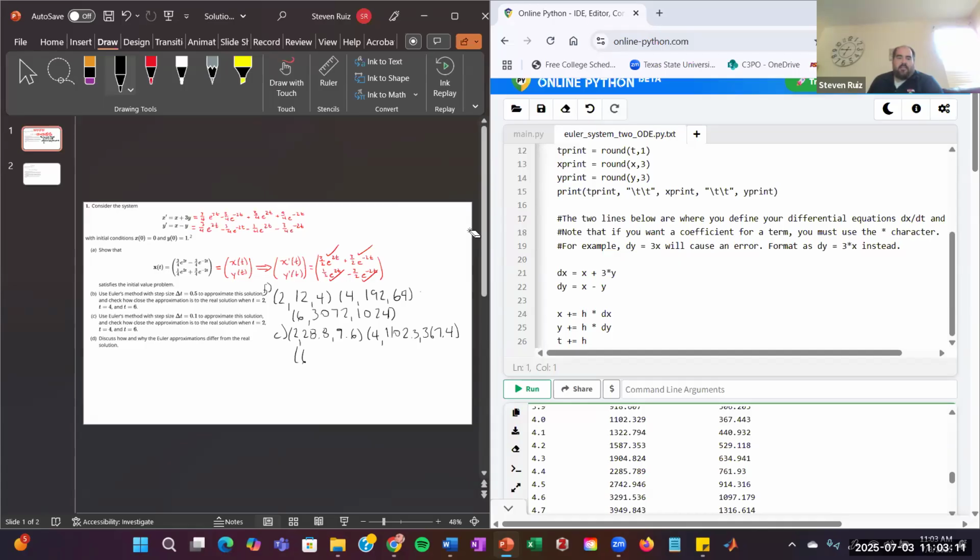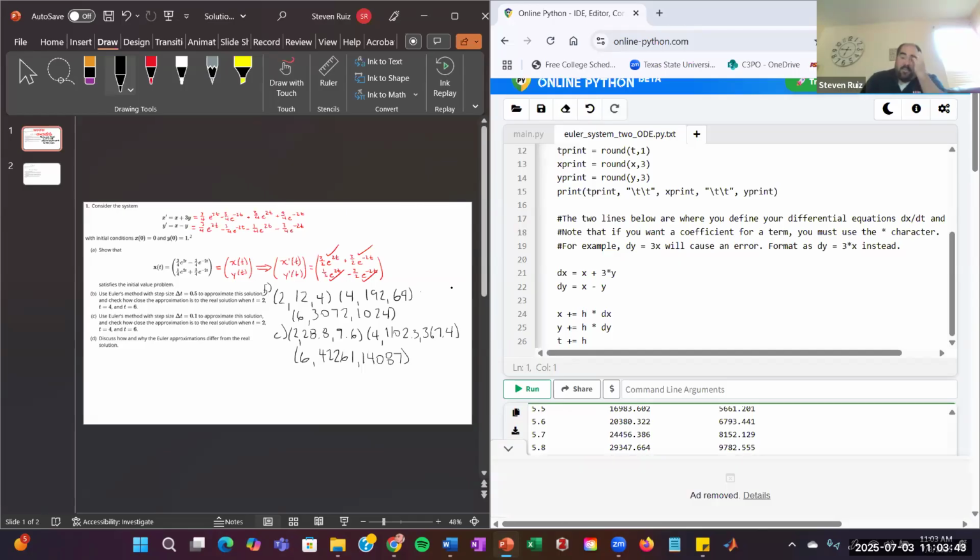And at 6 seconds, wildly different behavior here. 42,261 and 14,087. So same equation, just tightening up the step size really changes things a lot.